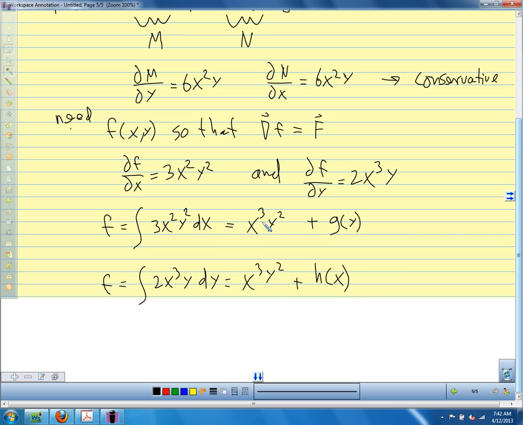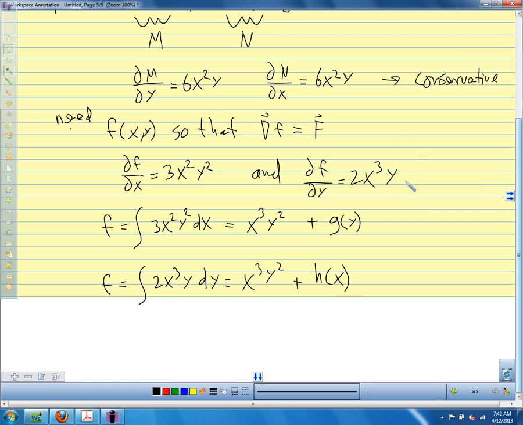Well, if I take the partial derivatives of each of these, I get my scalar function. So I don't need to adjust my constants of integration. I would have to adjust if I took the partial of this with respect to x and the partial of that with respect to y, and my function was off by some function of x or function of y.